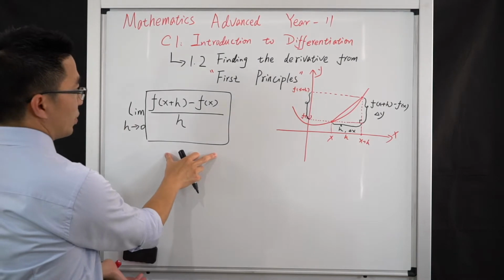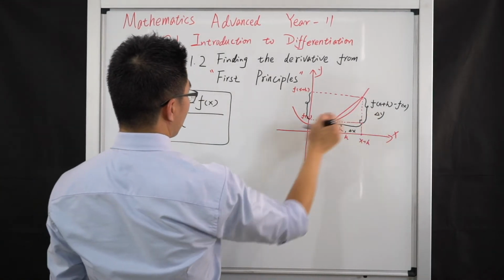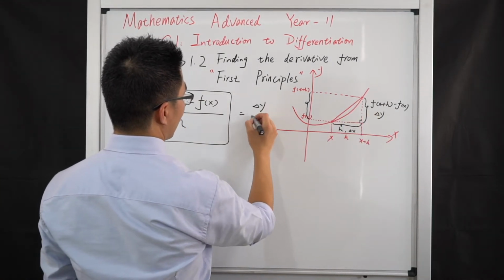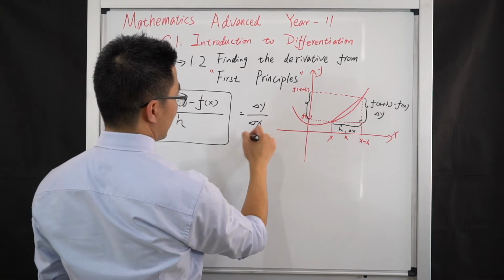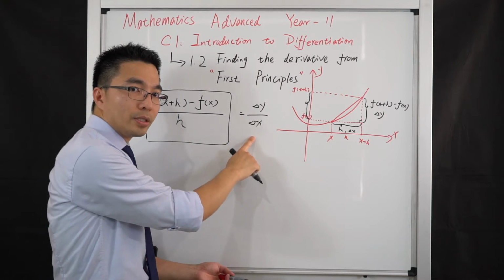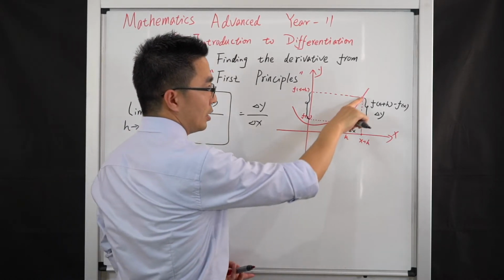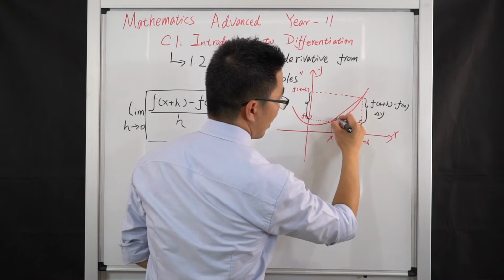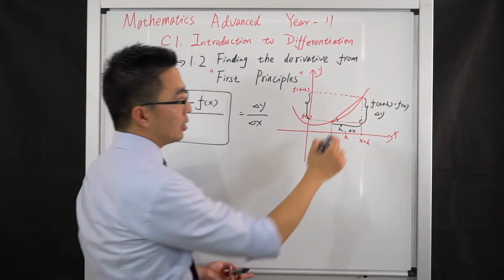So this ratio is the delta y divided by the delta x. This one actually is the tangent of this secant, in this right angle triangle.